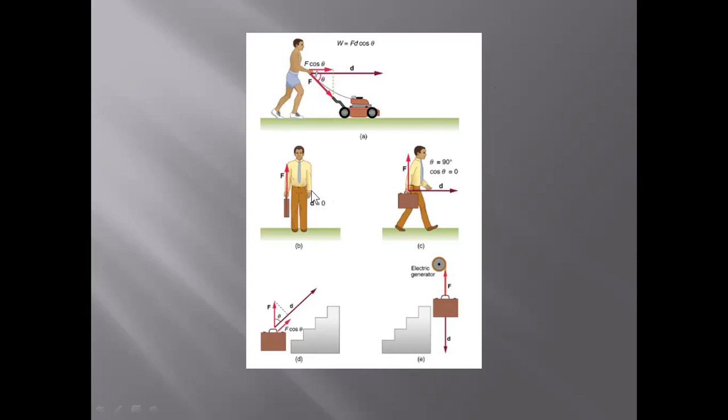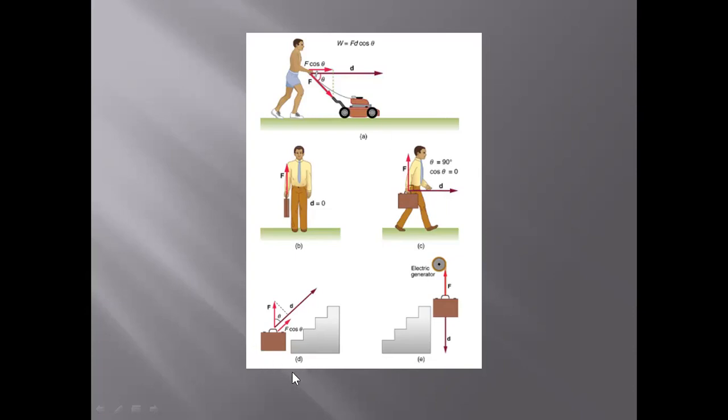But if he starts to walk, the force now is upwards because he is exerting force on carrying the suitcase. And as he walks horizontally, this is your displacement. So with an upward force and a displacement pointing towards your right, the angle between the lines would be 90 degrees. So cosine of 90 degrees gives us 0.